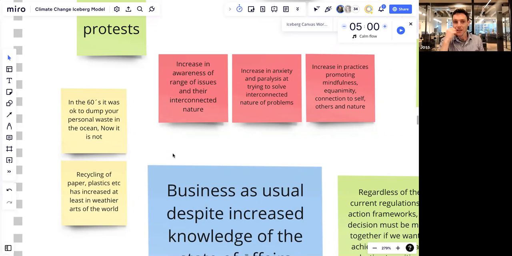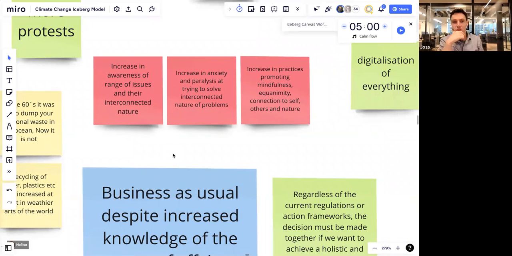Recycling of paper, plastic, etc., has increased, at least in wealthier parts of the world. Increase in awareness of a range of issues and their interconnected nature, increase in anxiety and paralysis at trying to solve interconnected problems, increase in practices promoting mindfulness, equanimity, connection to self, others, and nature.